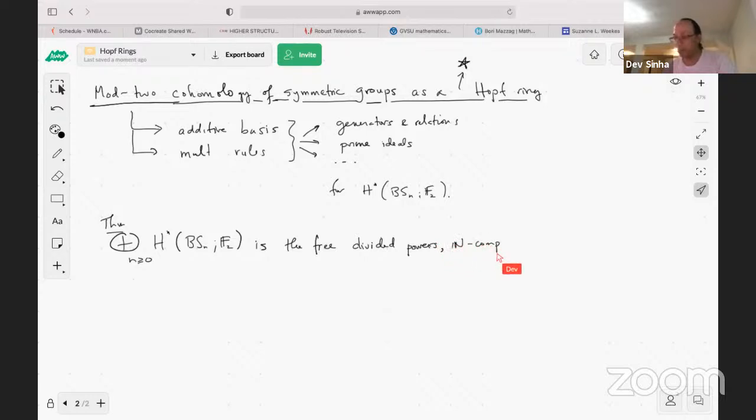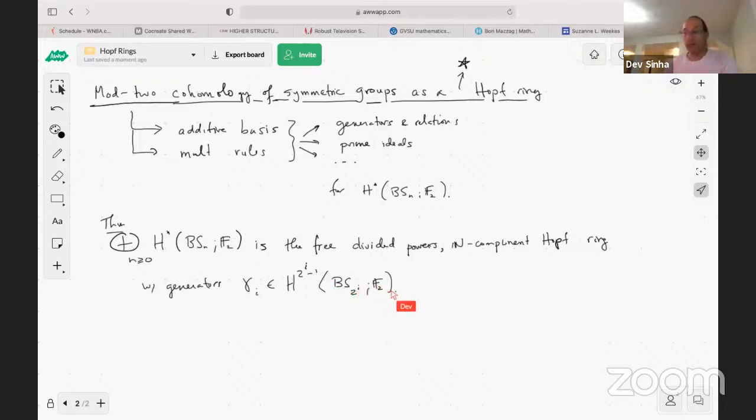And I'll say what all these things mean in a moment. A Hopf ring with generators gamma_i, and this is in H^(2^i - 1) of ES_(2^i).